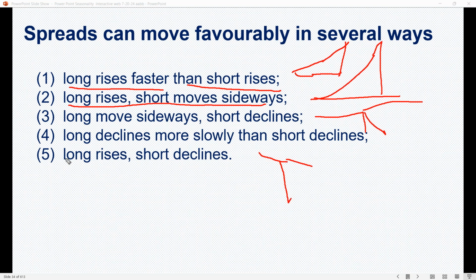And then Apple goes up and QQQ goes down. So those are five different ways to make money. If you go long something, it has to go up to make money, or short, it has to go down. But if you're spreading, you have five different ways you could make money off the spread, versus being solely reliant on market direction.